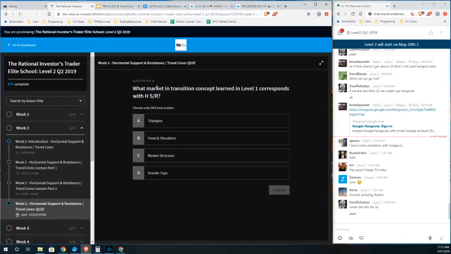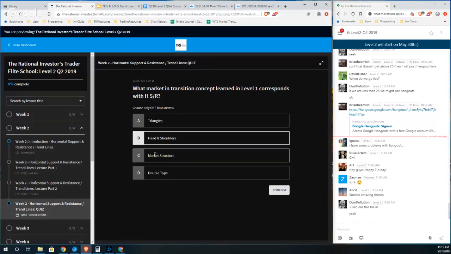All right. What market in transition concept learned in level 1 corresponds with horizontal support and resistance? Interestingly enough, you could argue that almost all of these do, but a really good example, I think probably the one I'd like you to take away from this, is if you think about horizontal support and resistance and head and shoulders and the neckline failure. Let's see if that's what I'm looking for.